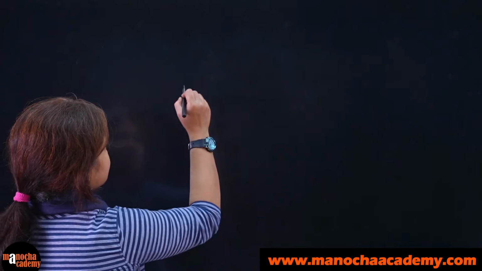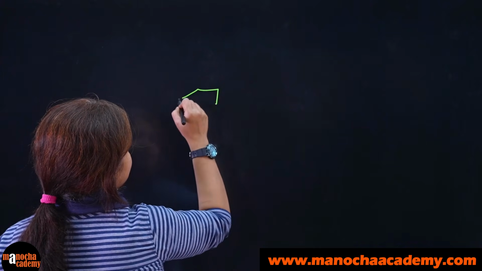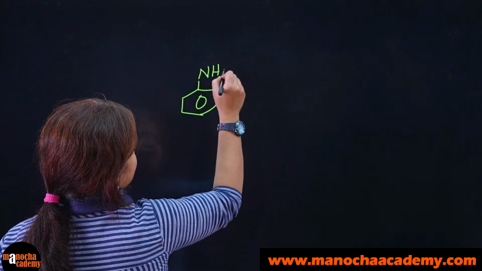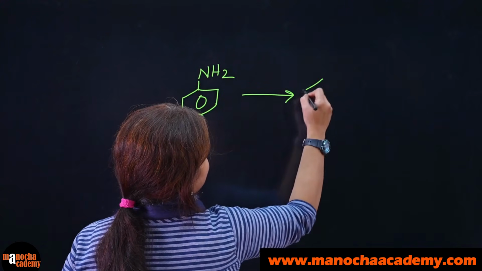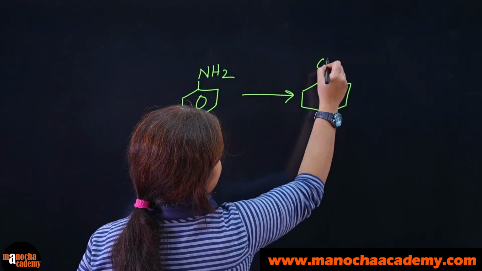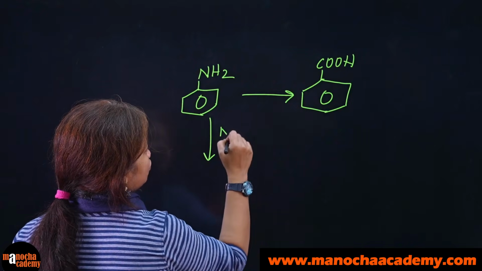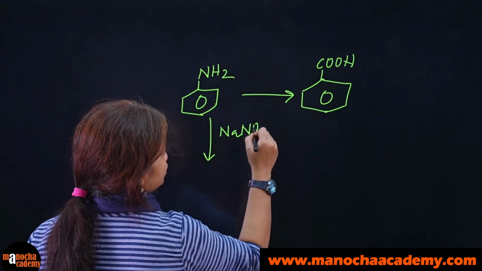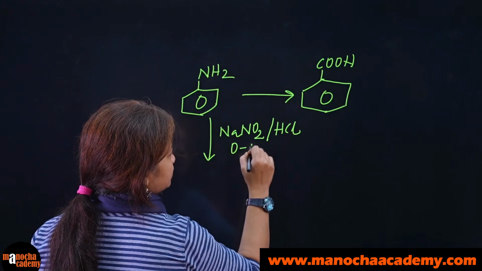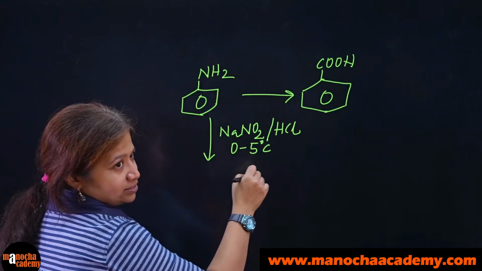Aniline to benzoic acid. This is aniline. This is again not difficult. Aniline to benzoic acid, this we do by Sandmeyer, diazotization concept only. You have to write the right conditions: sodium nitrite, HCl, 0 to 5 degrees centigrade. Don't forget to write this temperature.